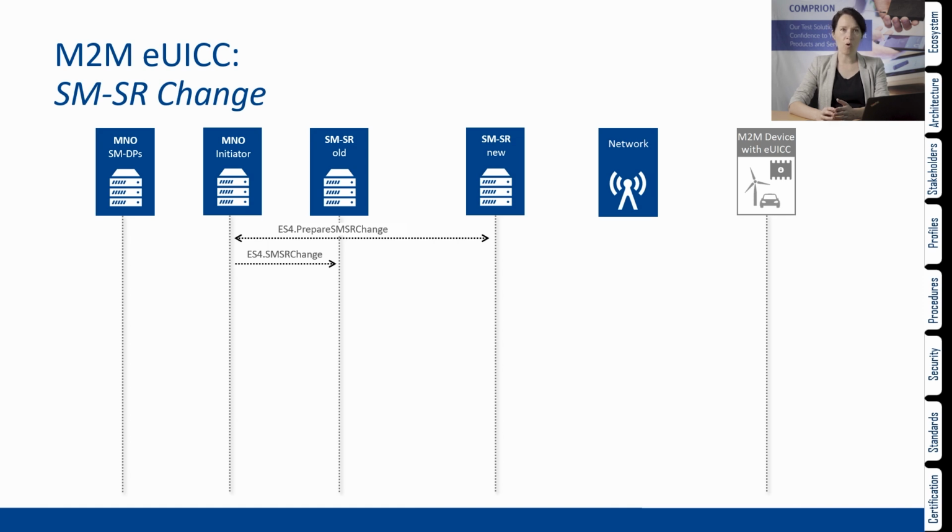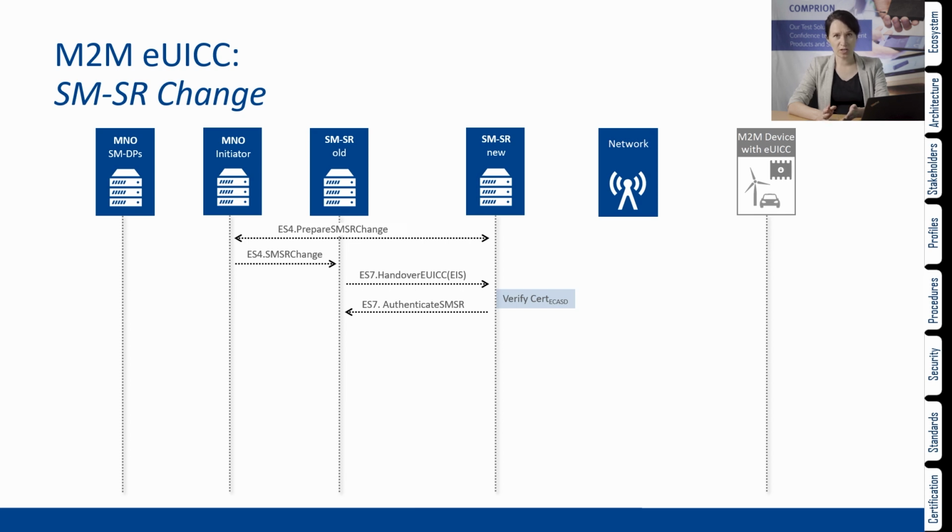Going first to the old SMSR, because the old SMSR knows about the keys and the data of the EUSSC. The next step, this old SMSR sends to the new SMSR the command on the ES7 interface to hand over the EUSSC with the EUSSC information set.